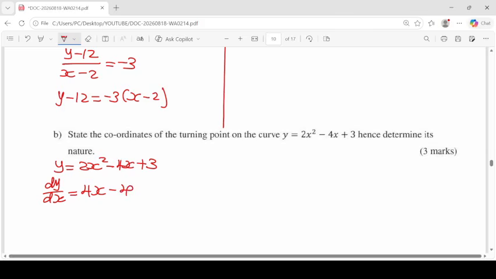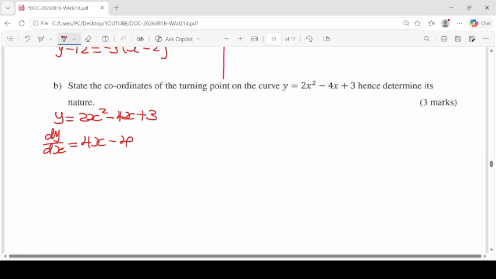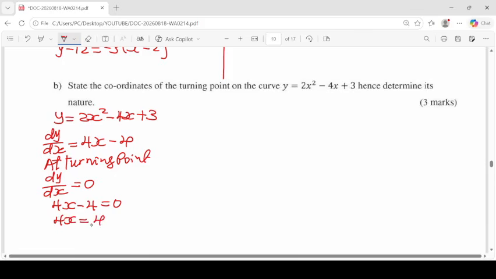That is my first derivative. Now remember, they want the coordinates of the turning point. What do we need to know here? At a turning point, you should know that dy dx is equal to 0. So I'll take the expression for dy dx, which is 4x minus 4, equated to 0. This means that 4x is equal to 4. Therefore, the value of x will be equal to 1.